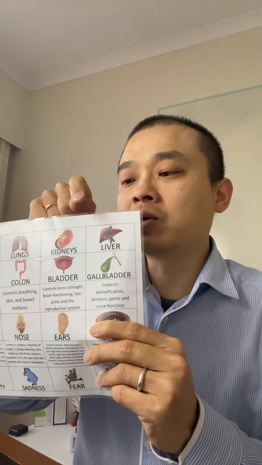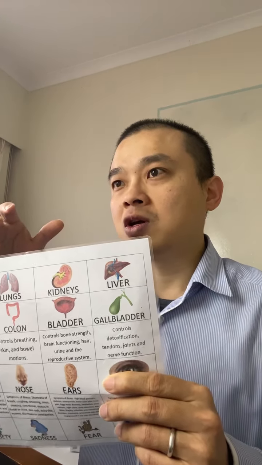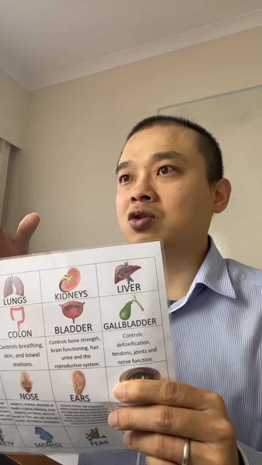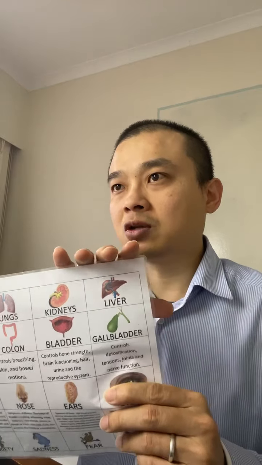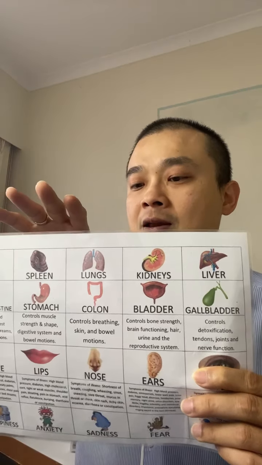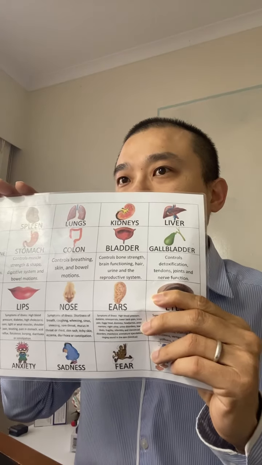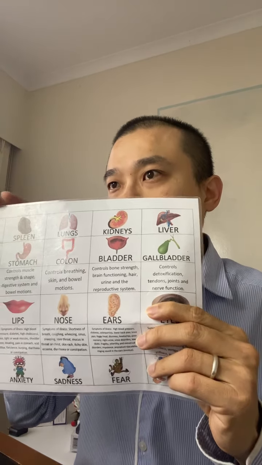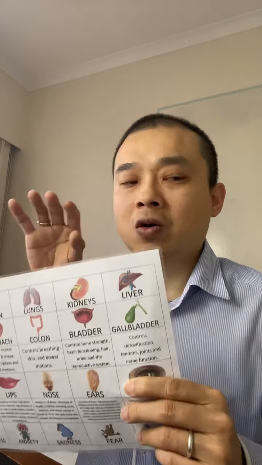Whether it's that one or that one, we have to go through an initial examination to figure out what's going on, which one, and how to treat. It doesn't mean the others are not important. The others are also very important. It could be a combination of imbalances causing infertility, not just one organ.